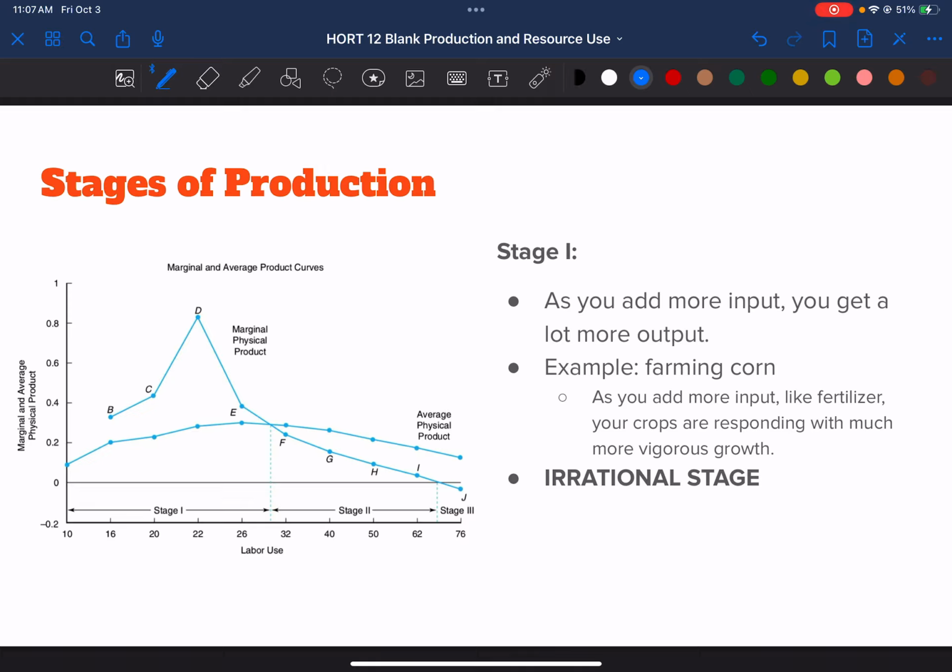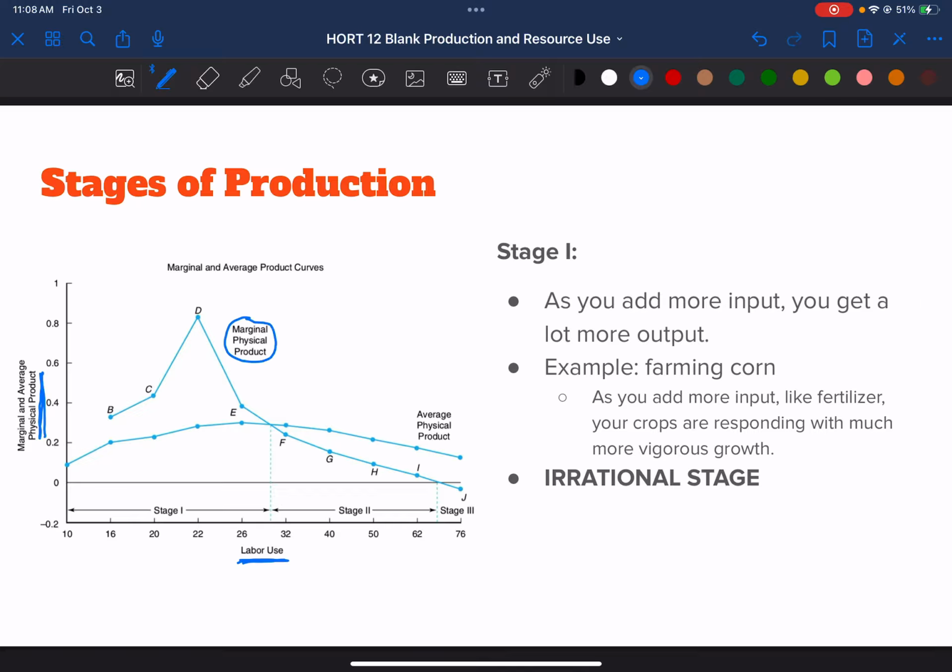Okay. Now we're going to move on to the stages of production. So in the stages of production, businesses are basically looking at how much of an input they're using versus the marginal and average physical products. So here we have our marginal physical product curve.